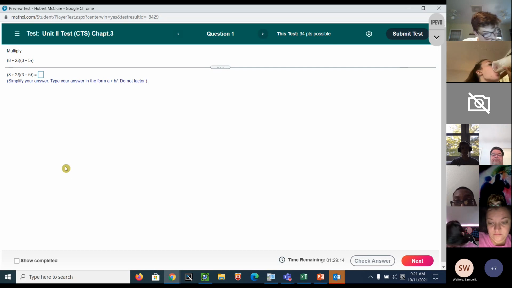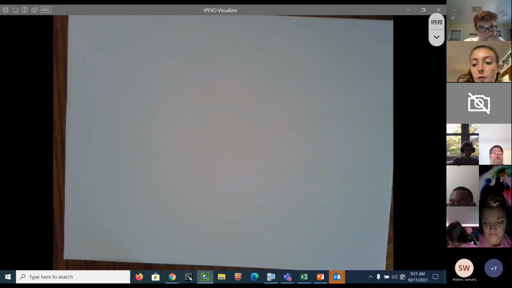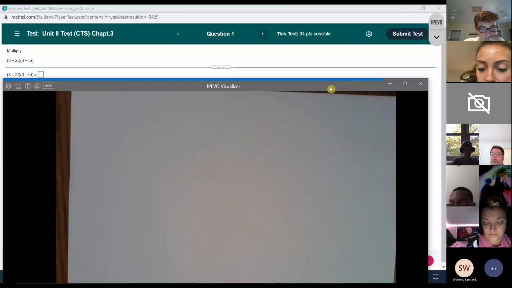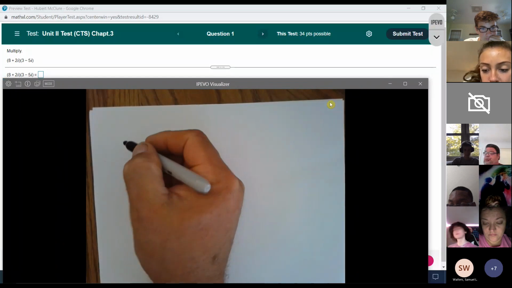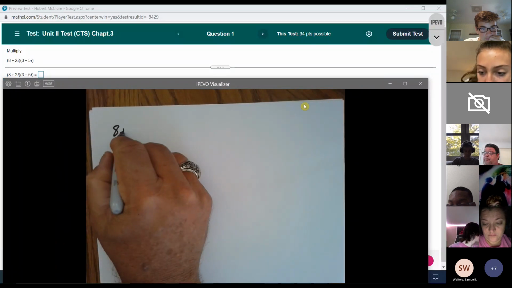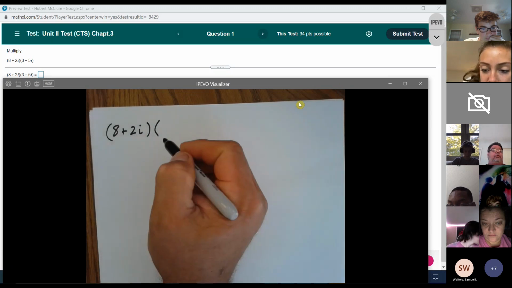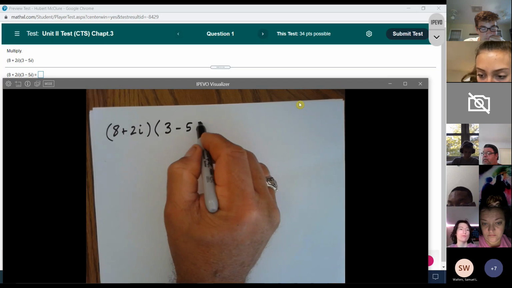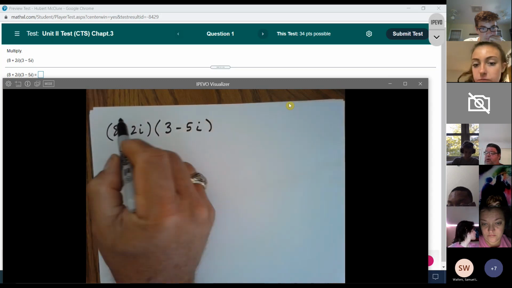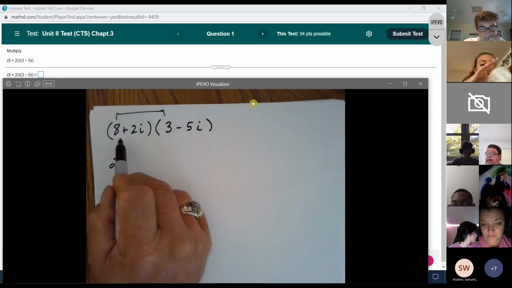All right, so this is a FOIL problem. Let's take (8 plus 2i) times (3 minus 5i). And FOIL: first is 24.